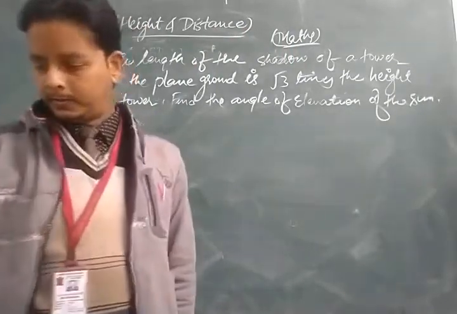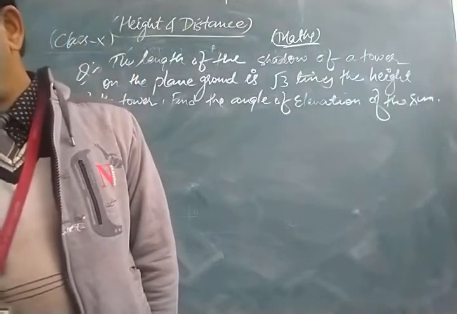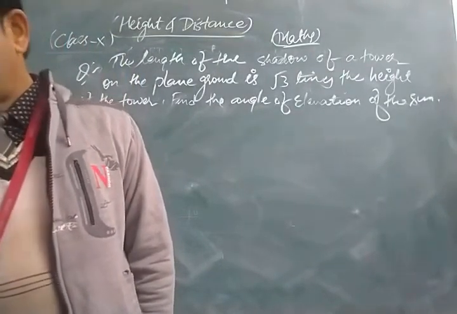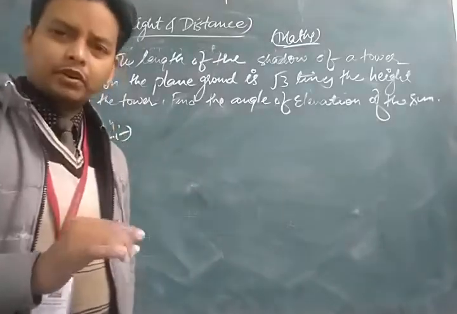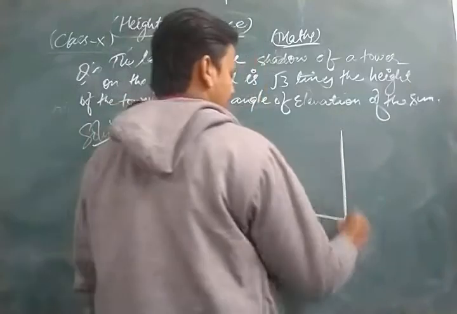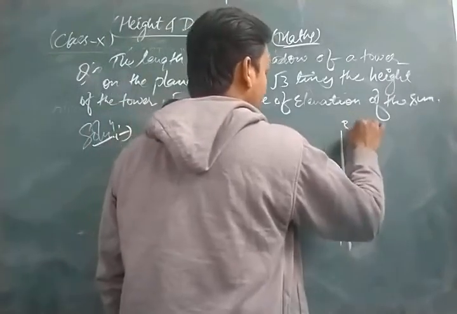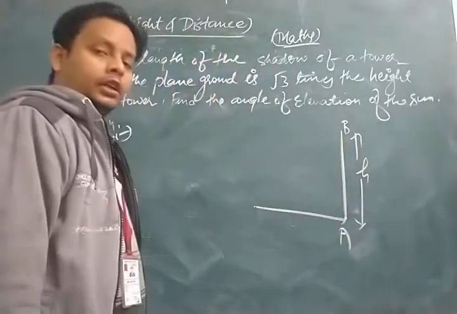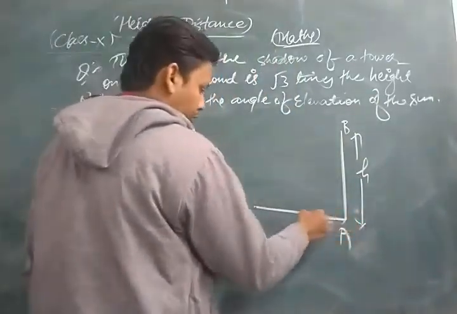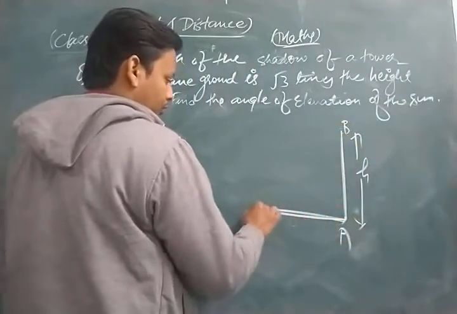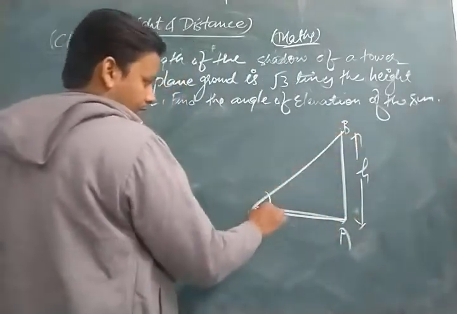Now look. First of all, we draw a horizontal surface and this is the tower. Let us take AB as the tower with height h, and the length of its shadow is AC. And this is the angle of elevation.